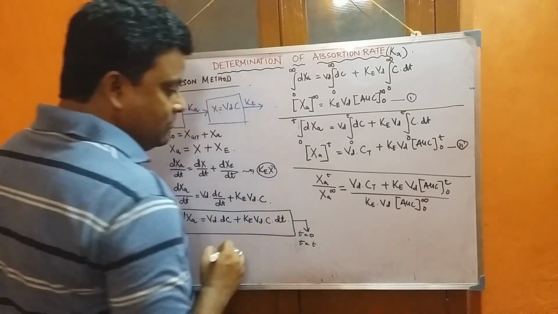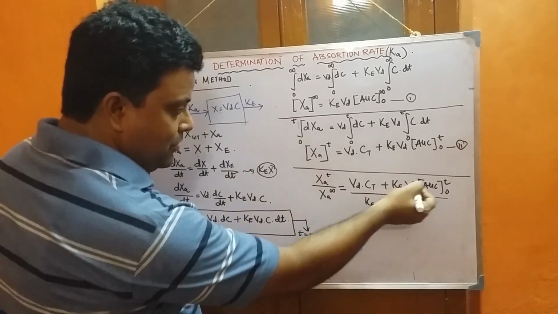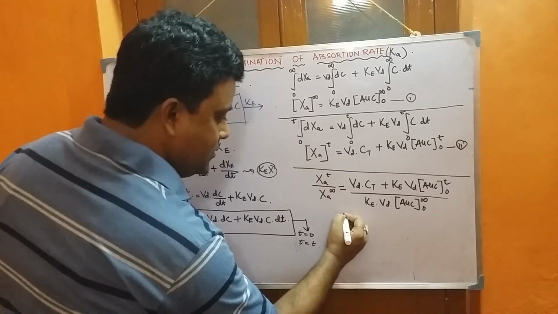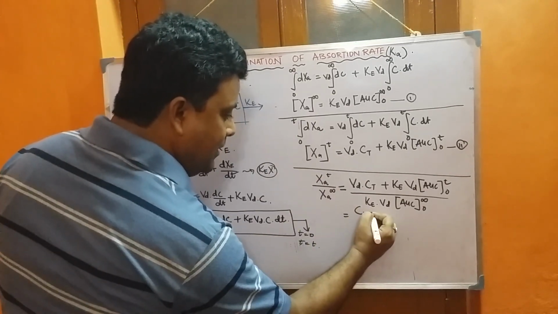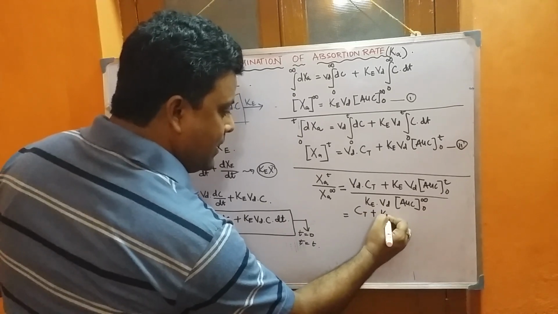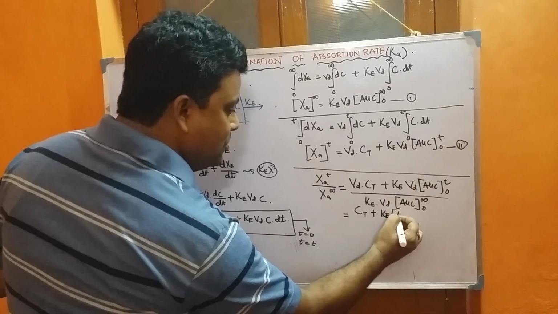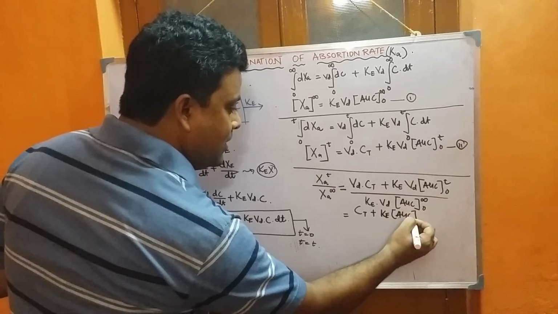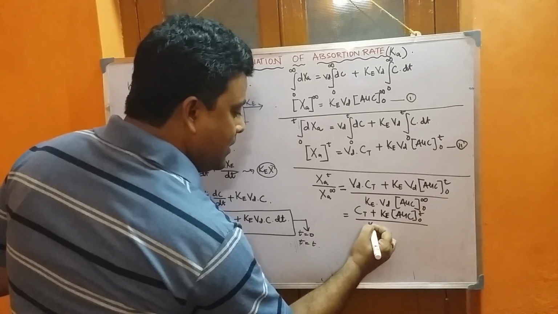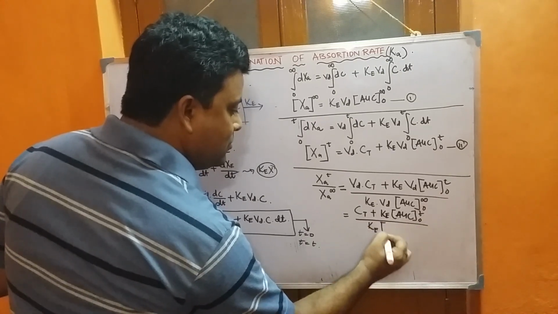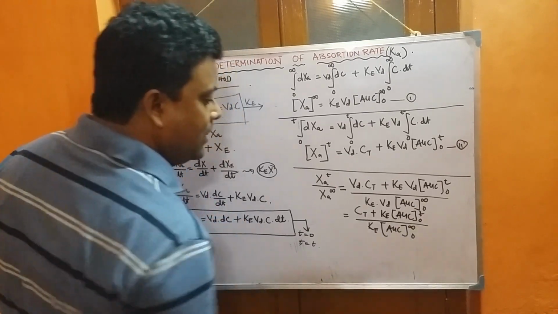Now suppose you want to simplify a little bit, we can remove the Vd. So Ct plus Ke into AUC 0 to t divided by Ke into AUC 0 to infinity.